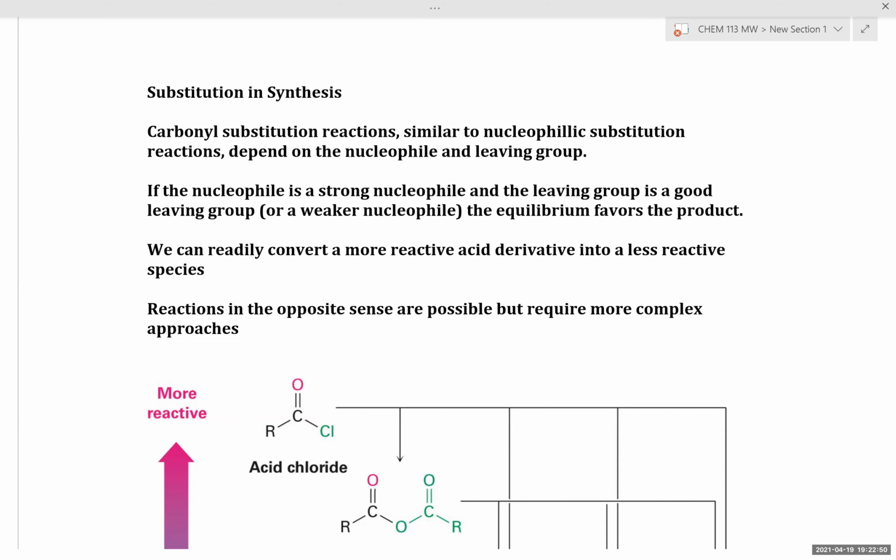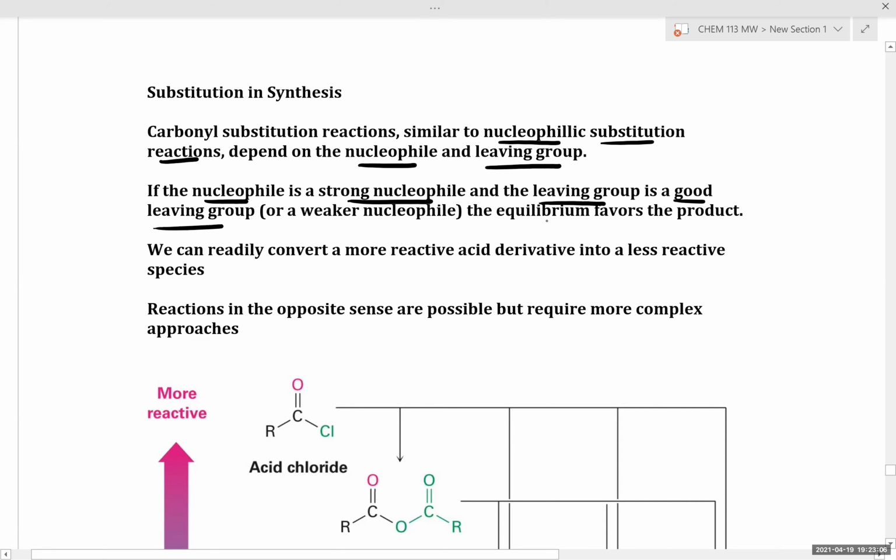As a general rule, carbonyl substitution reactions, similar to nucleophilic substitution reactions, depend on the nucleophile and your leaving group. If your nucleophile is a strong nucleophile and the leaving group is a good leaving group, then these carbonyl substitution reactions favor the product.